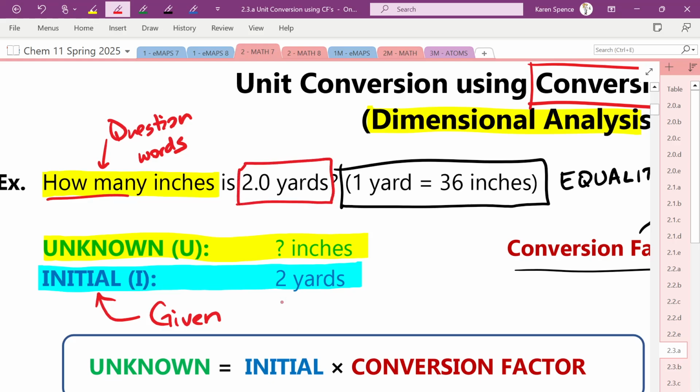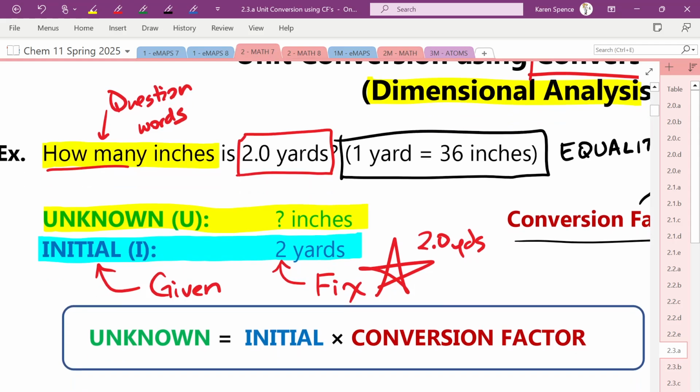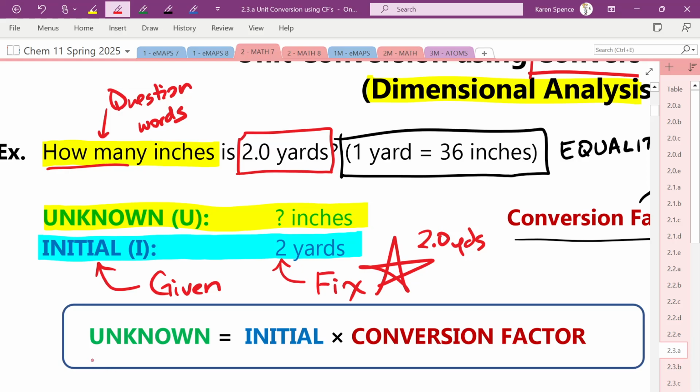And I made kind of a boo-boo here. This shouldn't just be 2 yards. I need to fix this because it should be 2.0 yards because we care about sig figs. Okay? Anytime you do a conversion, you're going to say, I want to solve for my unknown. So I'm going to put, what am I solving for?